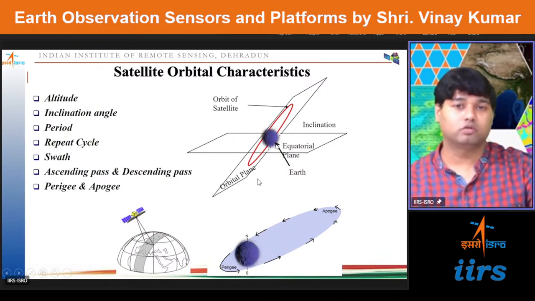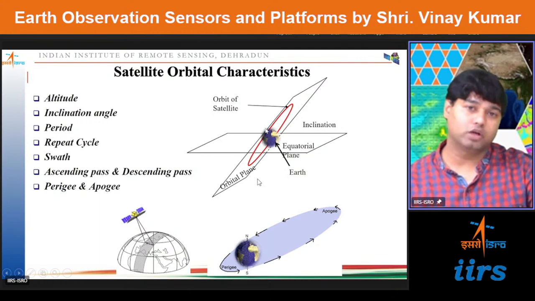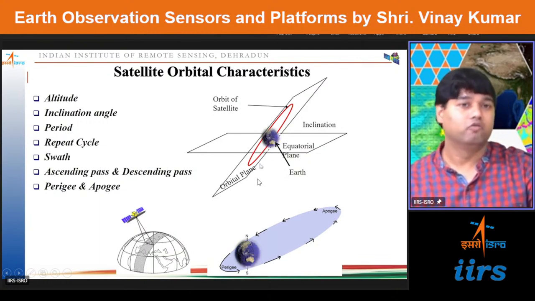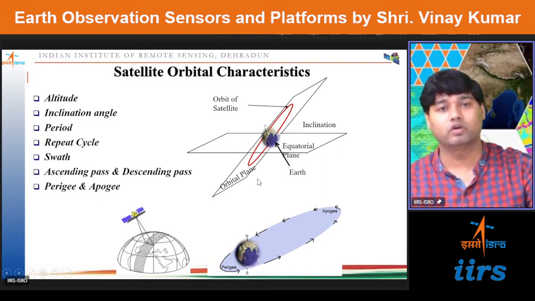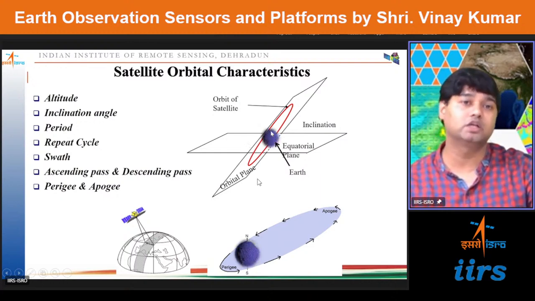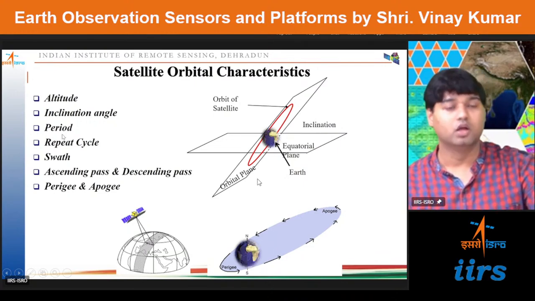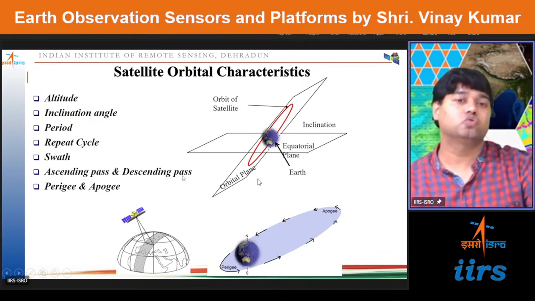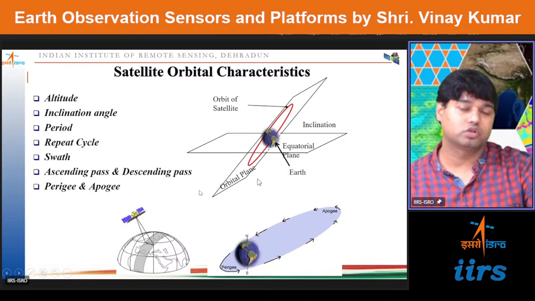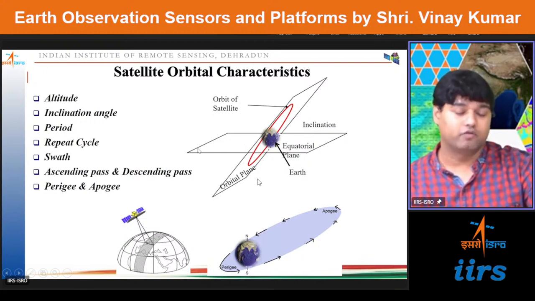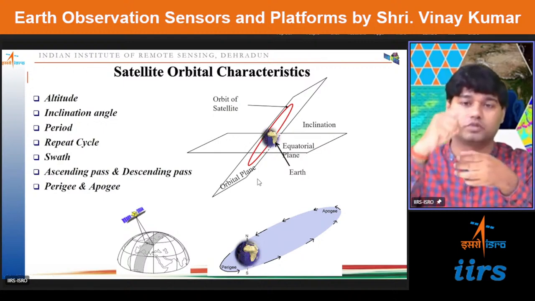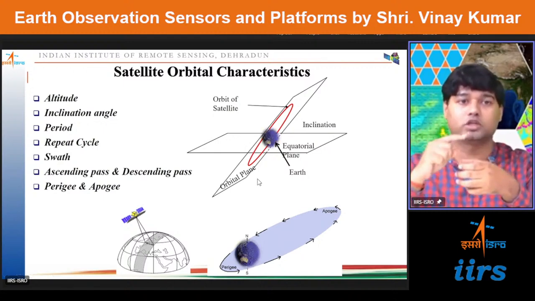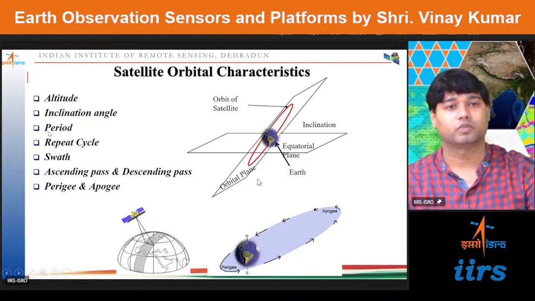So what about the remaining portion? For the remaining portion, we require an inclination angle of the satellite such that it can cover the entire Earth, so that should be near to the pole. Period is the time taken to complete one orbital revolution of the satellite. Suppose this is your Earth; the time taken to complete one orbital revolution is called the period.